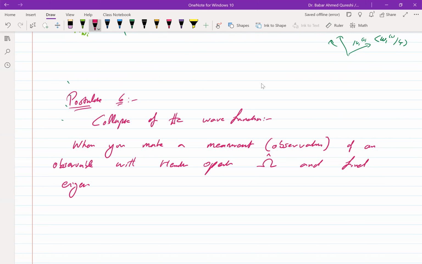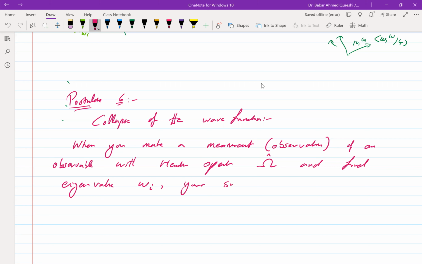There is a probability beforehand, you cannot tell which one it will be, but when you do the actual experiment, you will get one particular eigenvalue because your meter will read only one value. And find eigenvalue, let's say Wi.